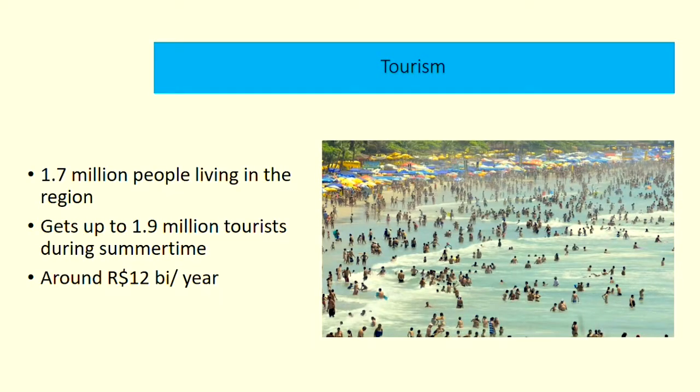The beaches are all crowded during the summer because in this region we have especially second-residence tourism, which is people from São Paulo who bought houses a long time ago in this region, and they occupy them during the summer. It gets very crowded, up to 1.9 million tourists during the summer.